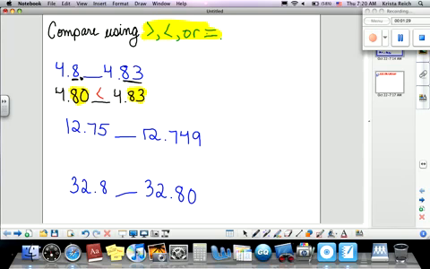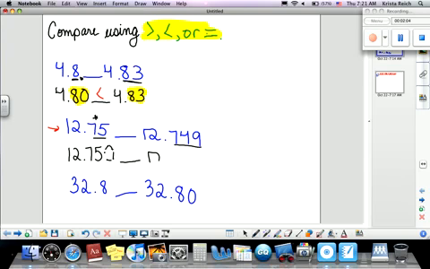So if I look at this example right here, again I notice that my numbers after the decimal are not in the same place value. Here we have 12 and 75 hundredths, and in this example we have 12 and 749 thousandths. So I'm going to annex a 0 here, making it 12.750. Okay, that's where I'm annexing my 0.